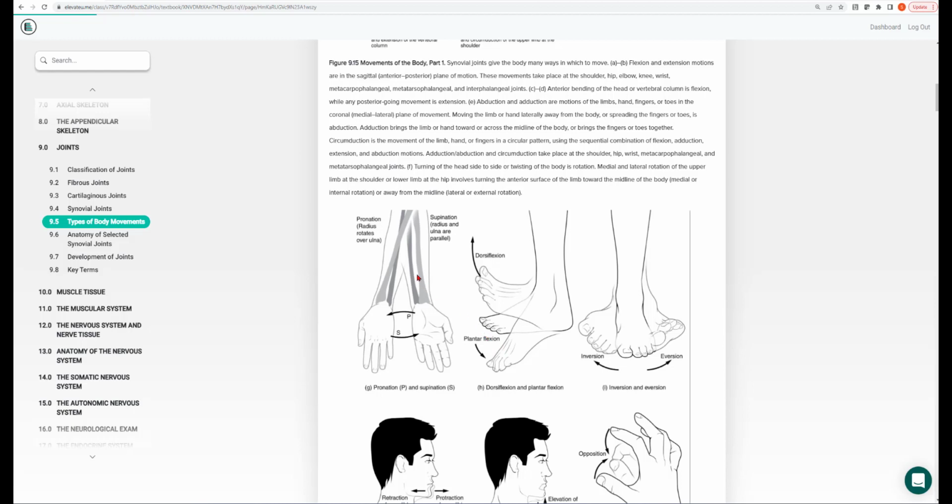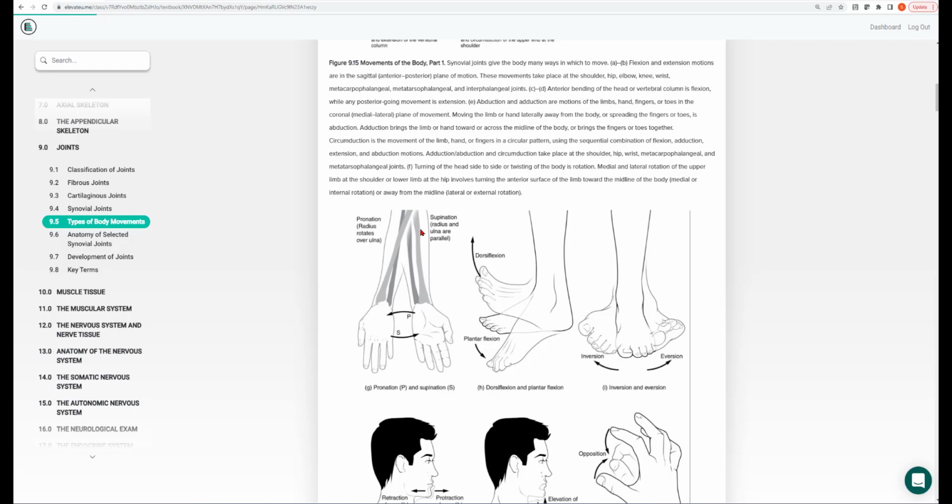Another one that causes a little bit of trouble is pronation and supination. Typically, when you are in anatomic position and you have your arms down to your side and your palms are facing forward, your ulna and your radius are parallel.